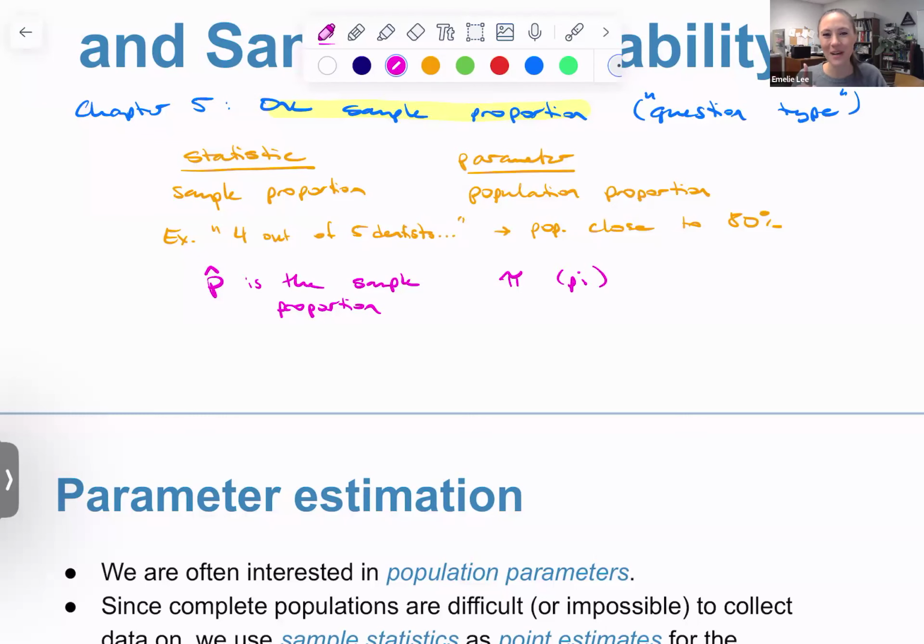Okay, but this is the one time where I don't use a Greek letter. I use a lowercase p instead. I use p to denote the population proportion.